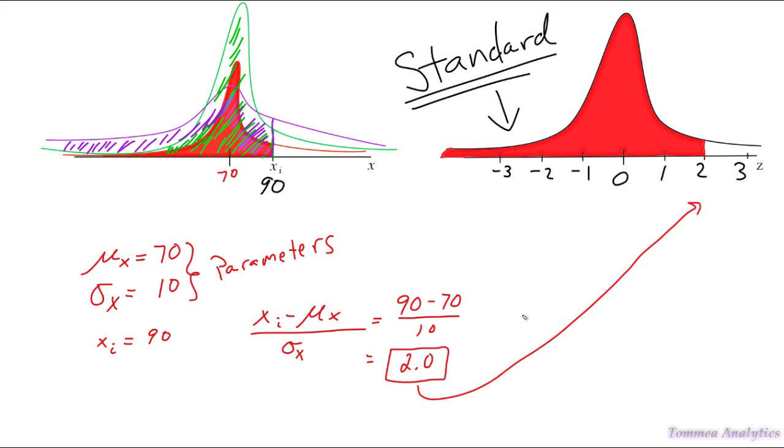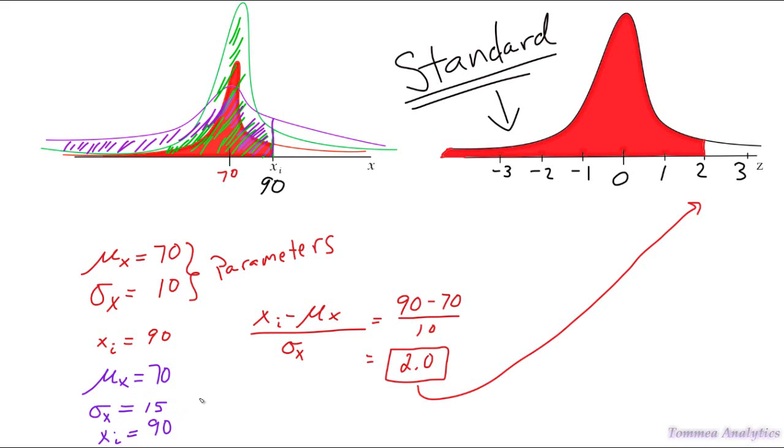The area to the left of 2.0 is the same exact area that lies under the curve in this distribution here. Now, illustrating further, let's say that we look at the purple distribution and we'll say that we have the same mean and we have a larger standard deviation. And we'll go ahead and take the same observed value of 90.